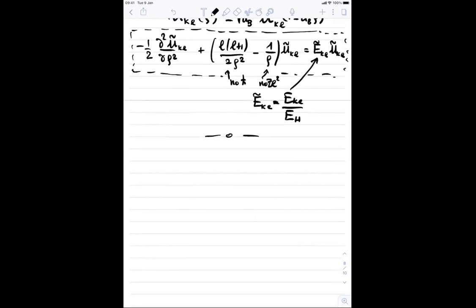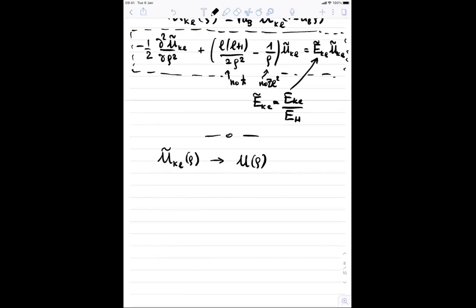So I have this function u tilde. By the way, let me omit the tilde. So u tilde KL of rho, I call now u of rho. Forget about indices, tildes, and things.